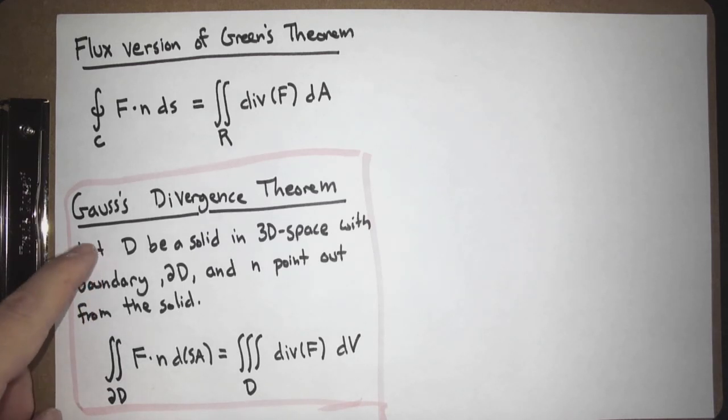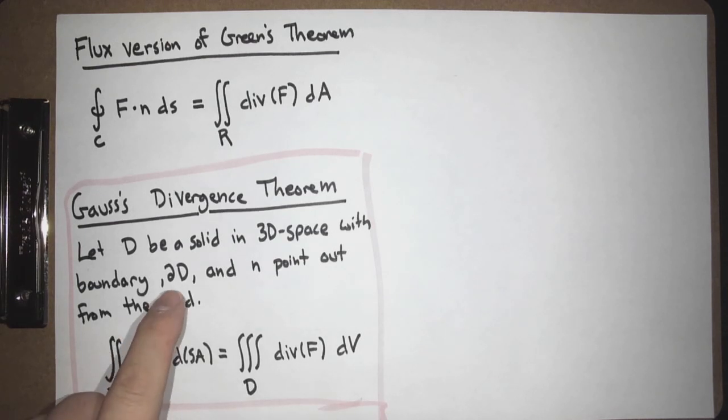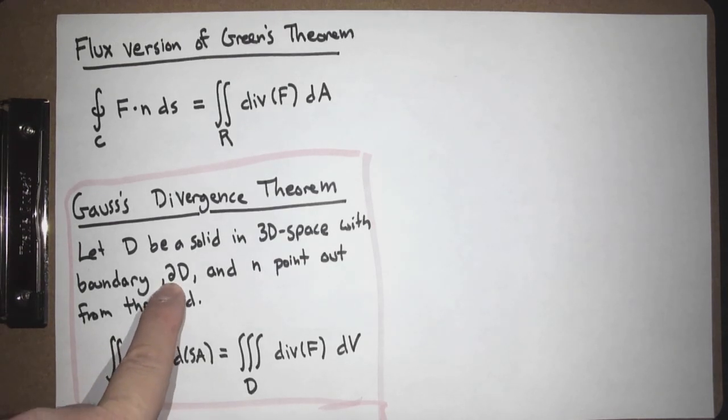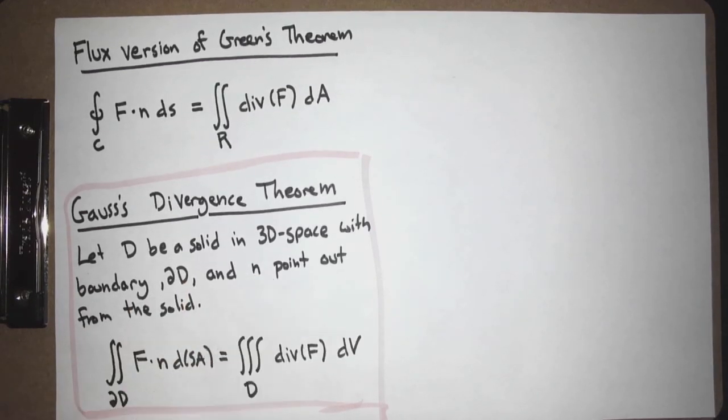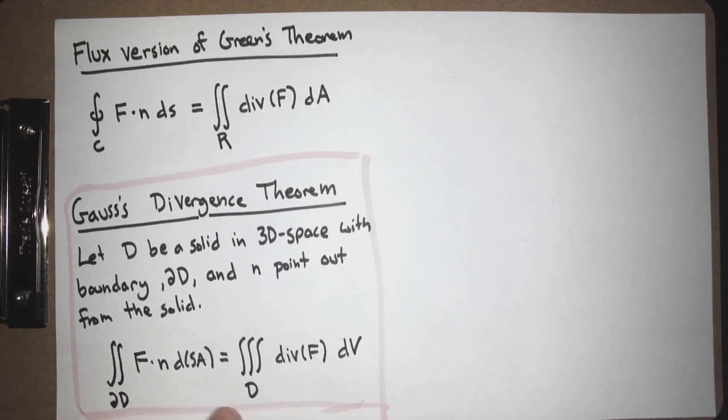If you have a solid in 3D space with a boundary, so that's your boundary, with that symbol that looks like the partial symbol as the boundary symbol, and you have normals that point out from the solid, then the integral over the boundary of the solid of F dot n dS, so this is computing the flux of your field through your solid, so how much is coming in and out of your solid, is found by integrating over the whole solid the divergence of F dV.